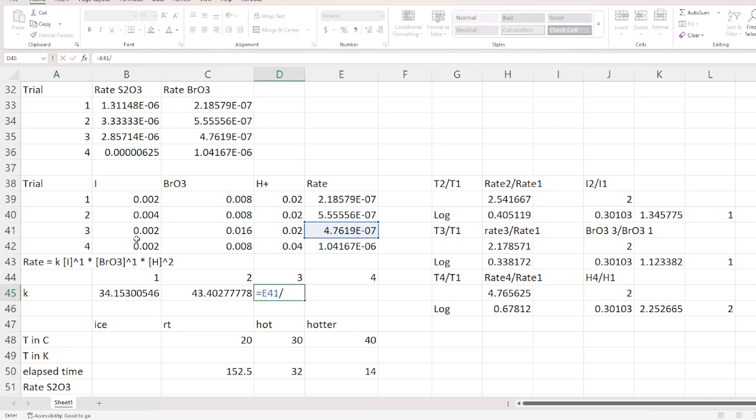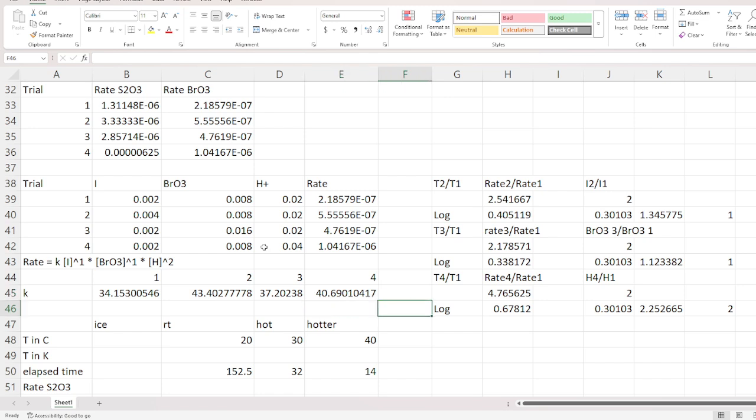You see why I'm doing this on here, not the calculator? I don't have to punch in these numbers each time. I can just do it like this. So equals the rate divided by this, divided by this, divided by this, caret 2. So I have 3 k constants.